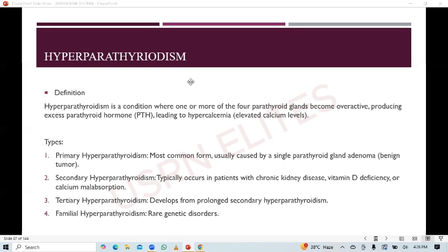The question again: in Addison's disease, there is low sodium and high potassium. What contributes to this imbalance?